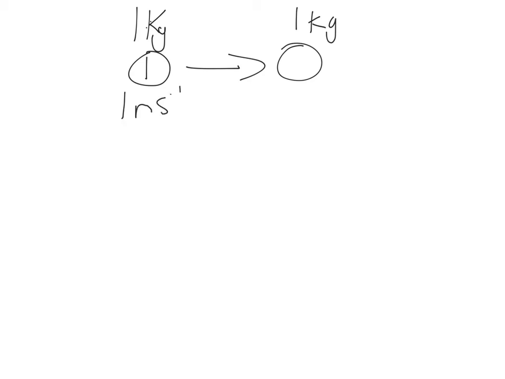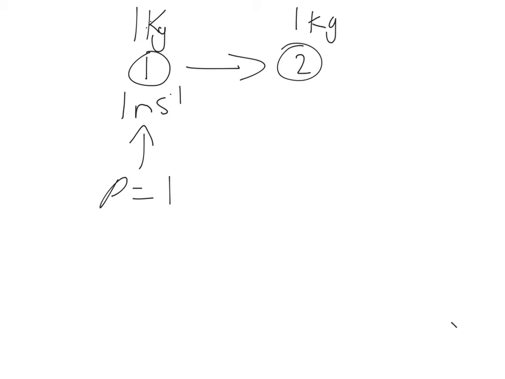So let's do the same kind of ideas that we did with the elastic collision. First of all, we start with momentum. If we look at the momentum of this situation, 1 times 1 is 1, so p will be equal to 1. That is our total momentum, because ball number 2 has no momentum, it's not moving.